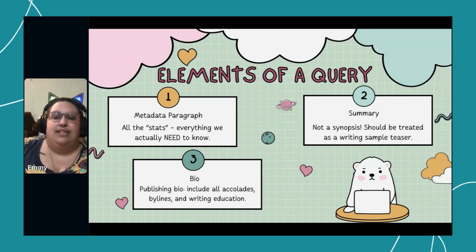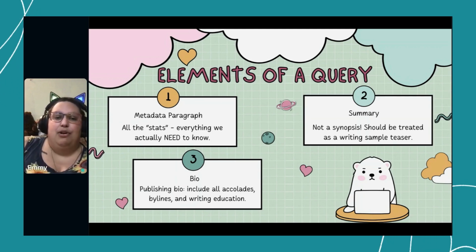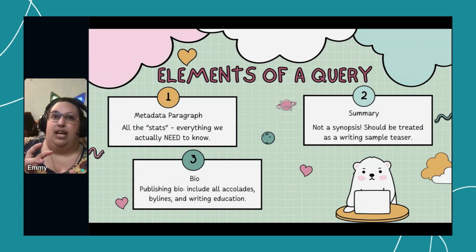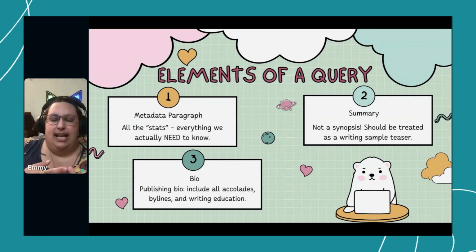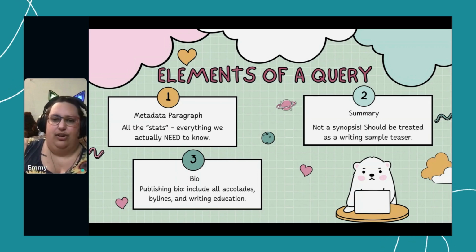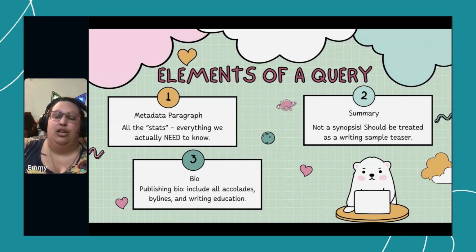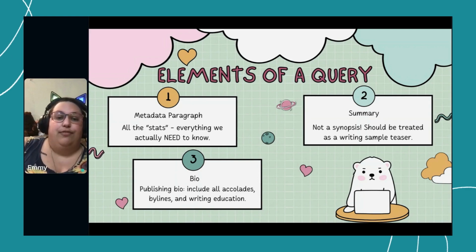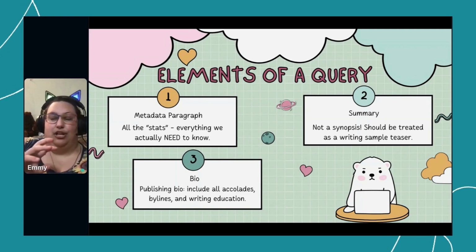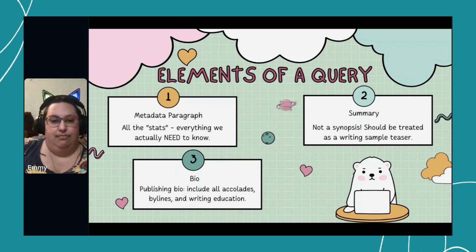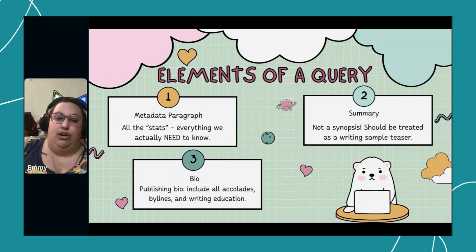Once these are broken down, I'm hoping it won't be scary anymore. Even though it might be difficult to wrap your head around and write, I'm hoping it won't be confusing or unclear what you need to get in there to have a really successful query letter that's going to grab the attention of people you send it to. The first thing in your query letter after Dear Agent or Editor Name is a metadata paragraph.